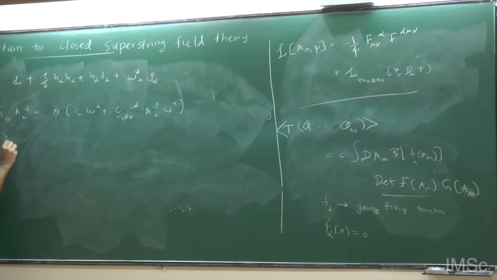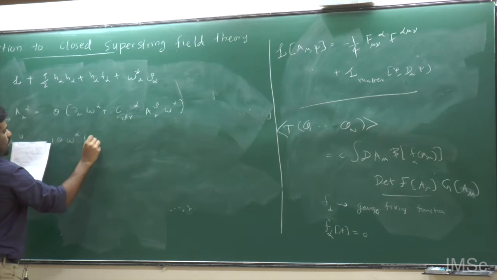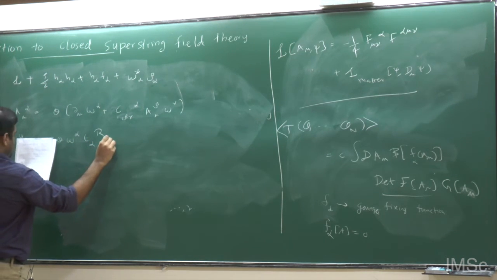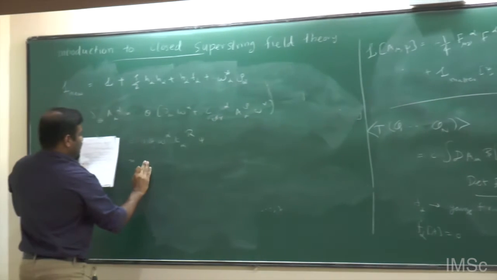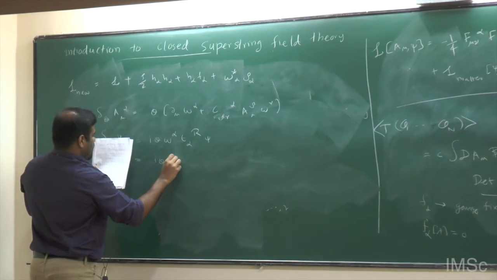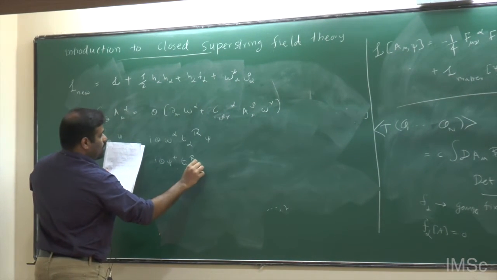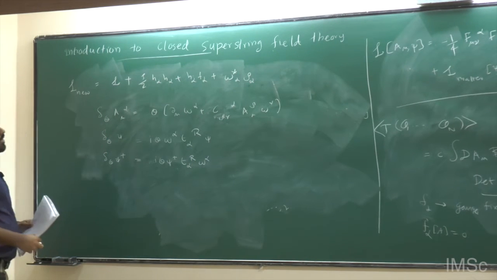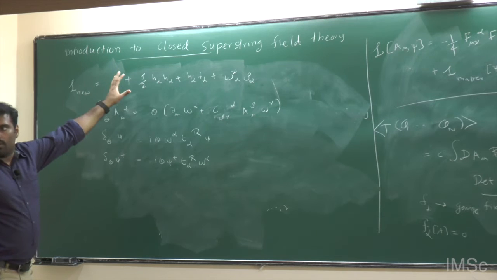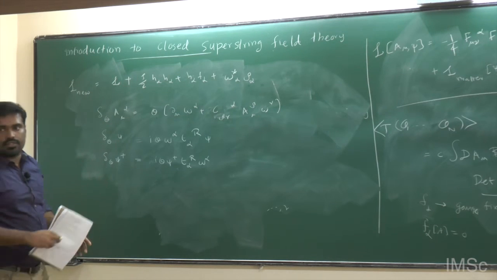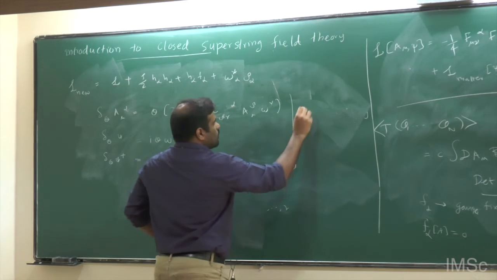Then I should vary psi also: delta theta psi equals i theta omega alpha T alpha R psi, and delta theta psi dagger equals i theta psi dagger T alpha R omega alpha. This invariance of the new Lagrangian is what you call BRST symmetry. So this is the BRST transformation.